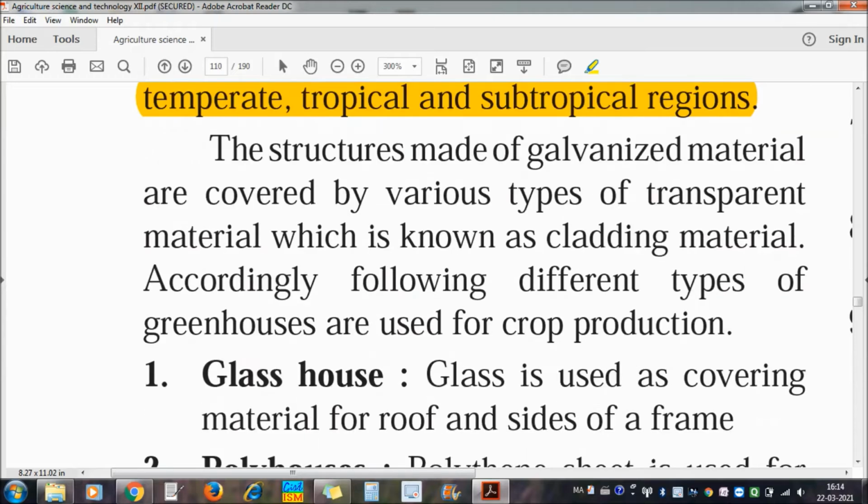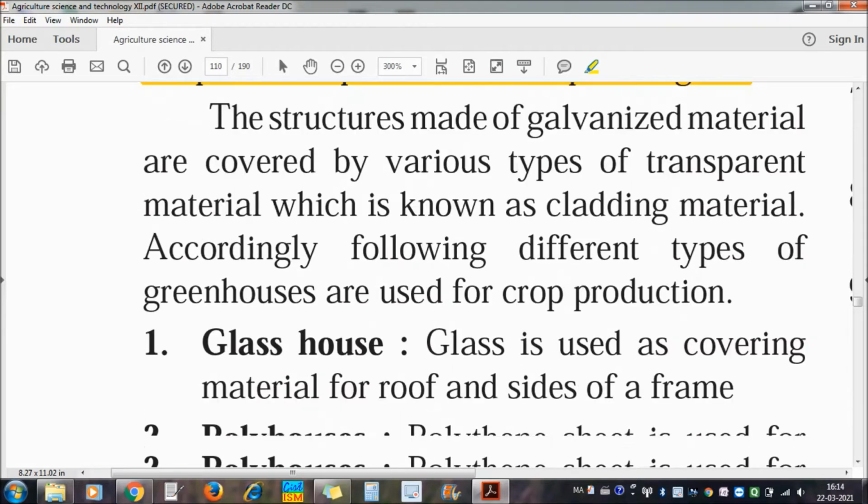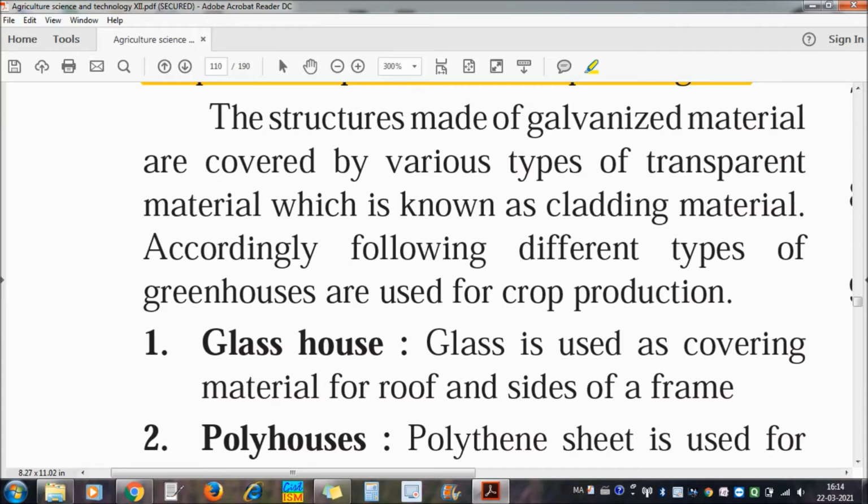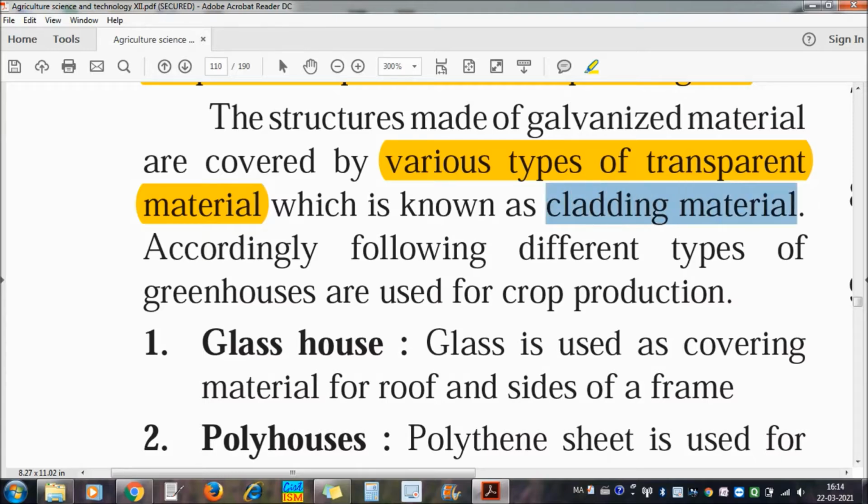Now let us go to the structures. There are various types of structures. These are made of transparent material, so it is called cladding material.